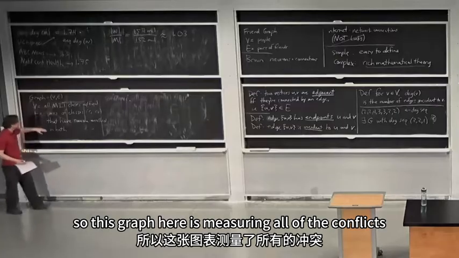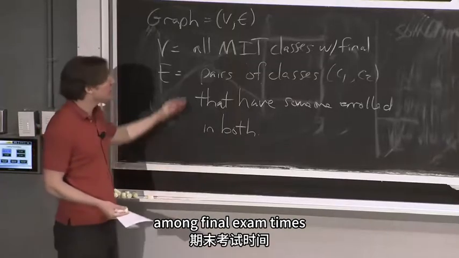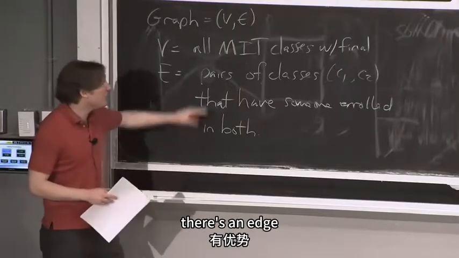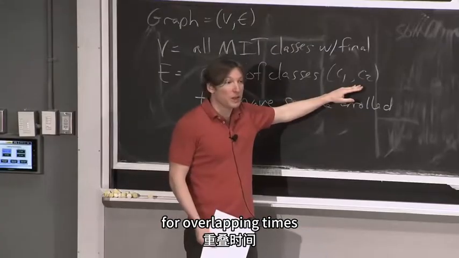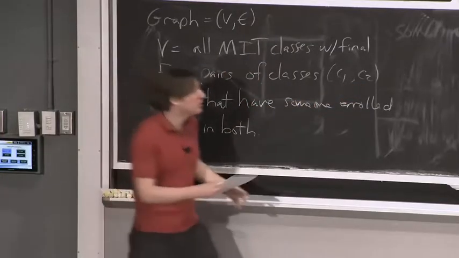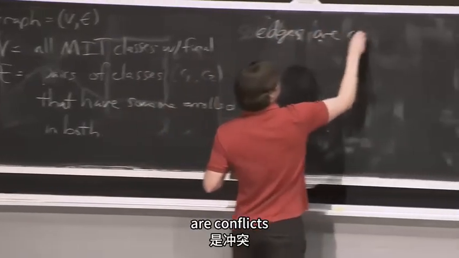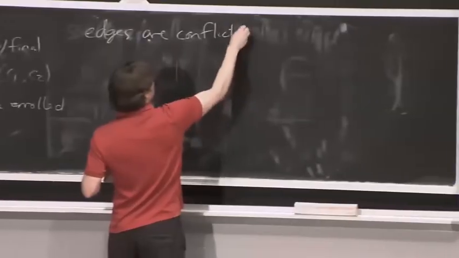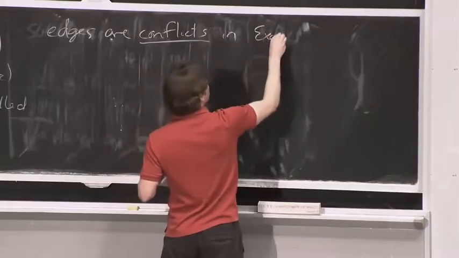So this graph here is measuring all of the conflicts among final exam times. There's an edge precisely when the 2 classes can't be scheduled for overlapping times. Does that make sense so far? Cool. So edges are conflicts in exam scheduling.